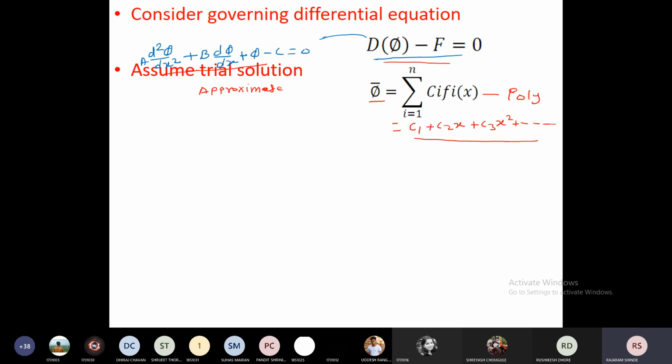Next is Fi(x), which means x raised to 0, x raised to 1, x square, x cube like that. Or it may be of any nature, but it should be a function of x, or a function of coordinate. Do you agree with this? Have you got this form?